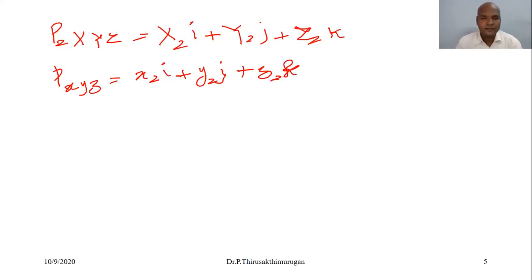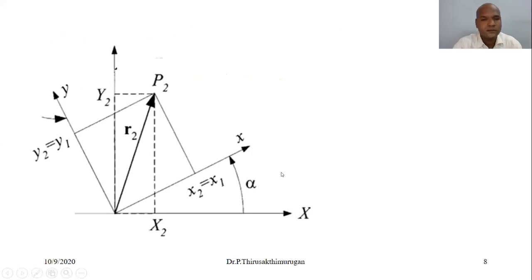So what happens if the rotation matrix comes in? Suppose it is a particular angle, as I mentioned. Say this is the representation.